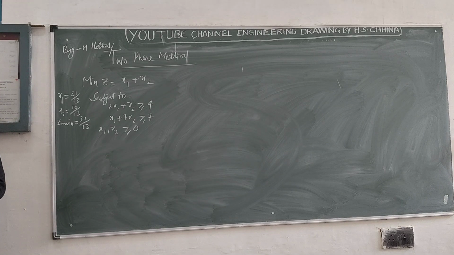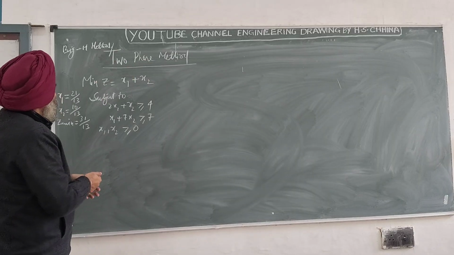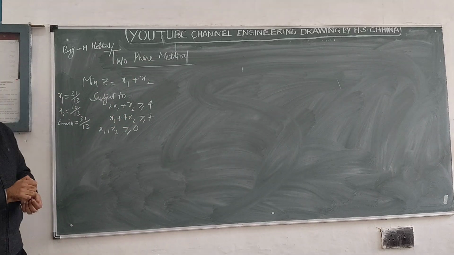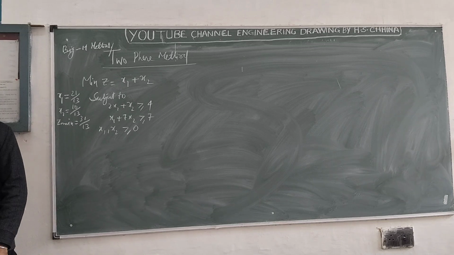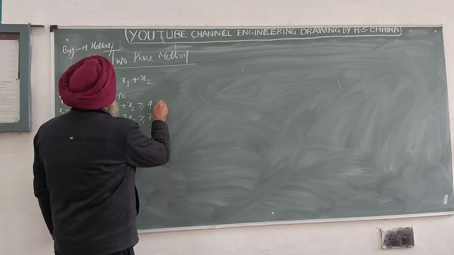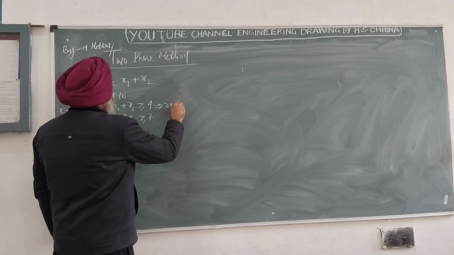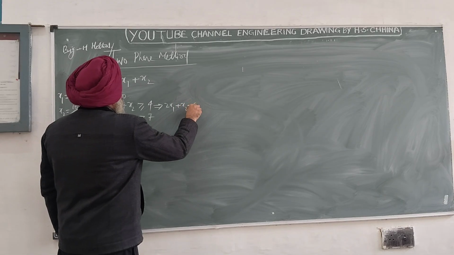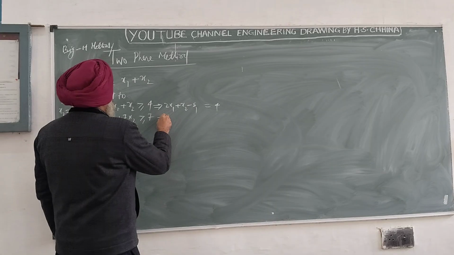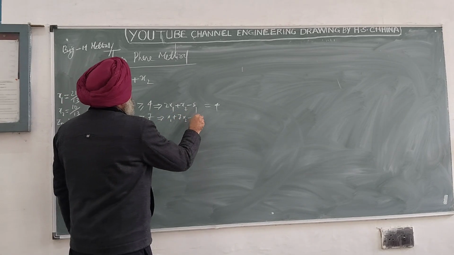As the word indicates, this is two phase, we will have a phase 1, then we will have a phase 2. Here we will start with the infeasible solution. This is the beauty of the two-phase method. Now first of all, look at constraint 1: 2x1 plus x2 minus s1 is equal to 4, x1 plus 7x2 minus s2 is equal to 7.